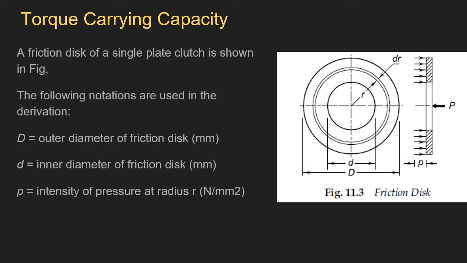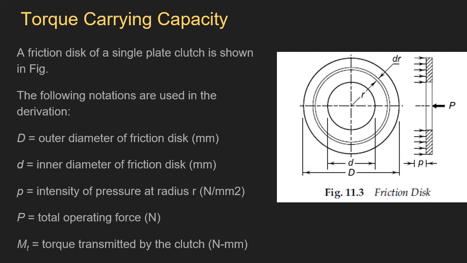Small letter p is intensity of pressure at a given radius r, right? And capital letter P is the total operating force, right? So these are the important parameters that we need to take into account.